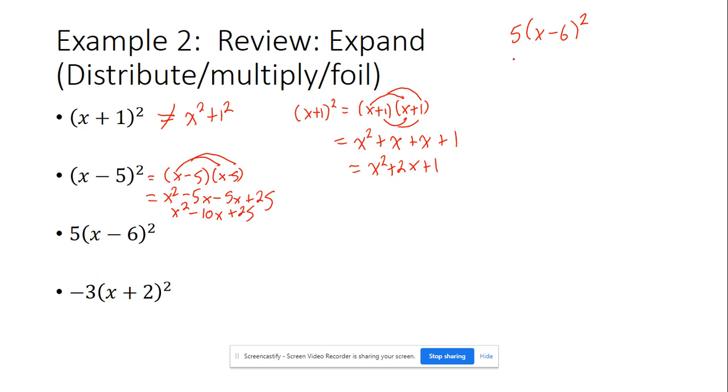All right, so what this is here is 5(x minus 6)(x minus 6). Now, a couple of ways I could do this. I'm just going to multiply these guys first. I can keep this 5 here, and I'm just going to multiply these.